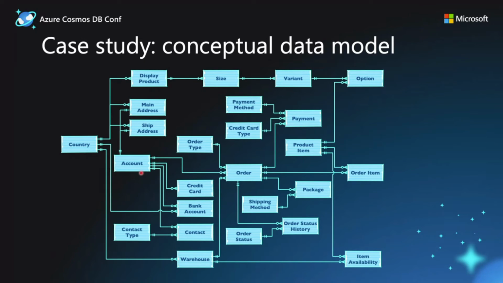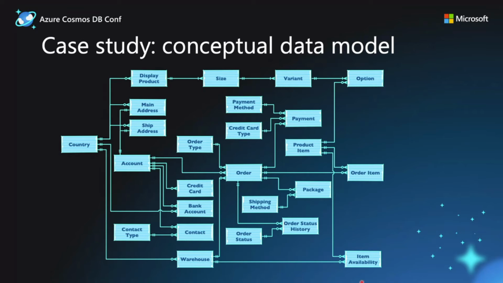And if you're talking about customer, there is a lot of different information related to the account, like its addresses, credit cards, bank accounts, contact information. And also, what is important, any e-commerce business is selling some goods or products or items. So each order item is bound to some product item. And each product item is stored in some warehouse.